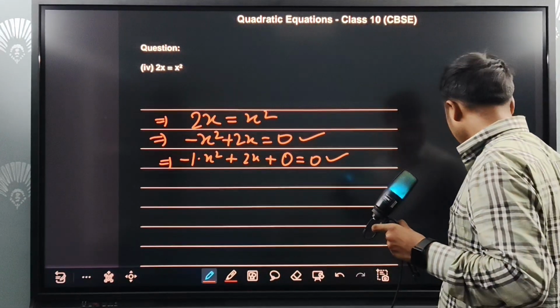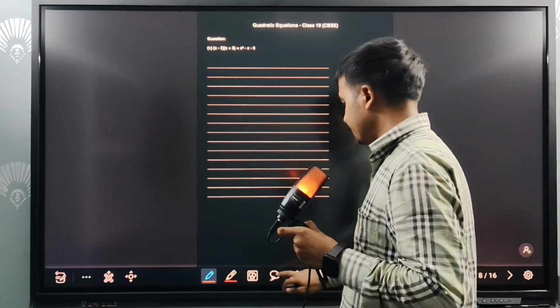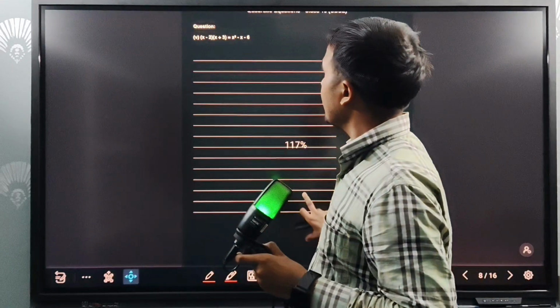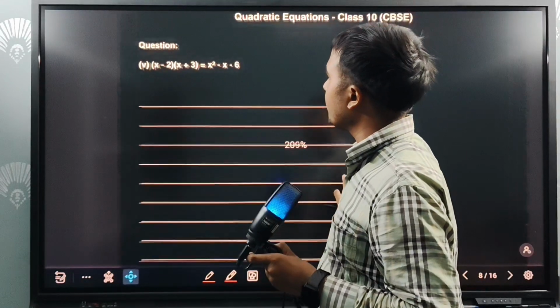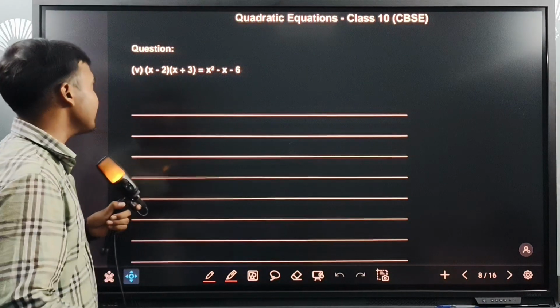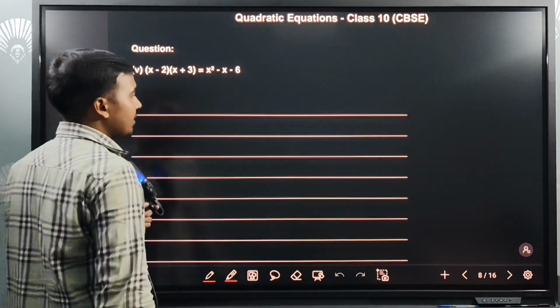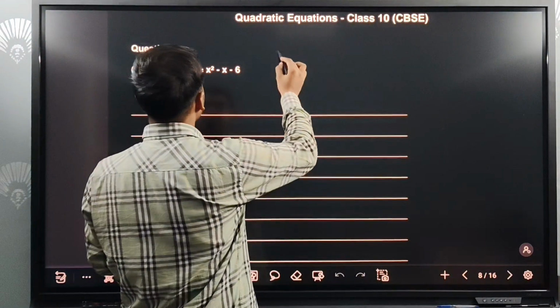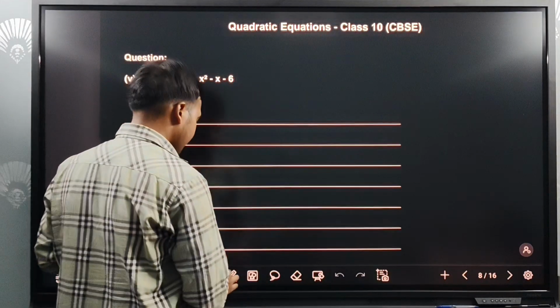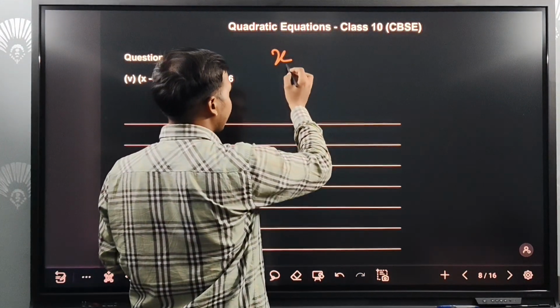So moving towards the next question. The next question given is x minus 2 multiplied by x plus 3 is equals to x square minus x minus 6. So we will solve. You might know one formula, that is x plus a into x plus b. If you don't know, then I am explaining it over here.